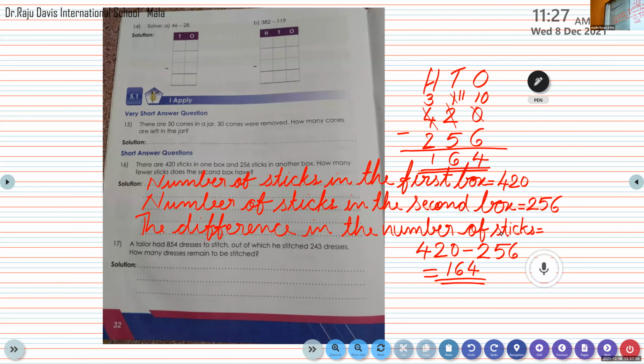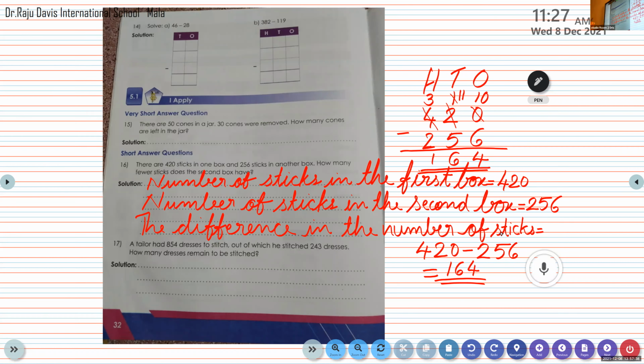Okay, then next question. A tailor had 854 dresses to stitch, out of which he stitched only 243 dresses.